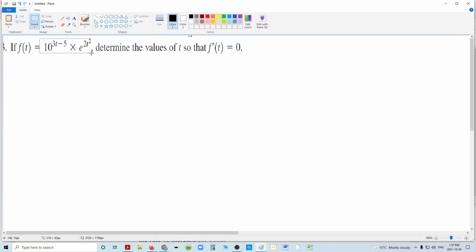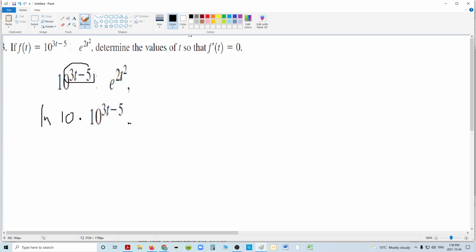First, we need to take the derivative, and we need to get rid of this x so it's not confusing. So the product rule says I'm going to take the derivative of the first one, which is ln 10, times the derivative itself, times the derivative of the exponent, 3, so I got 3 up here, times this function.